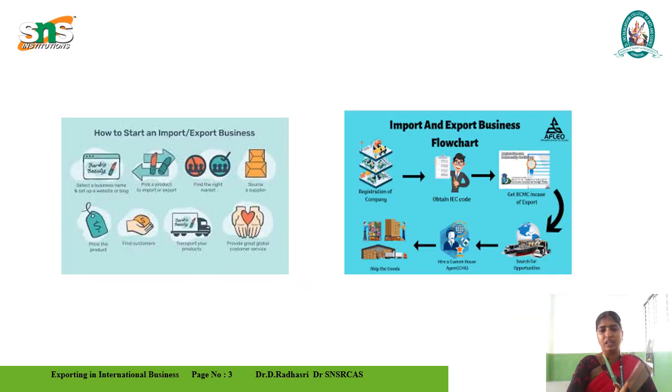In that way, we can see the export and import business flow chart. These are the different parts of the export and import flow chart. How do we start an import and export business? We move through the process in the flow chart, then obtain and identify the matter code.